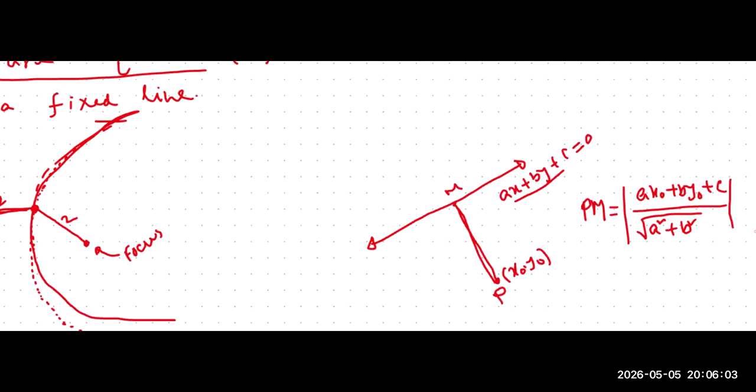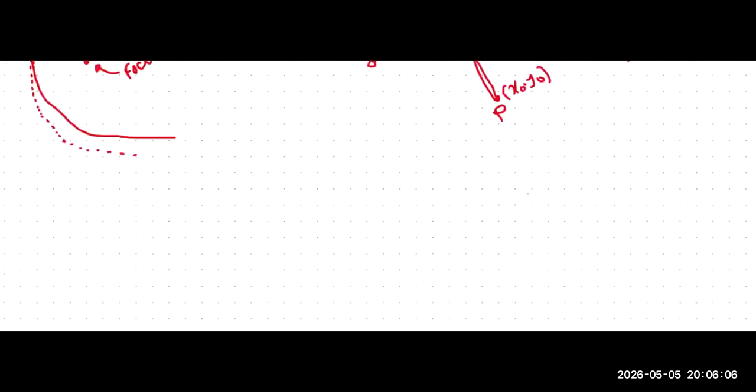So let's say, one example of this formula is we have a line 4x plus 3y plus 9 equal to 0. This is an equation of a straight line, and we want to calculate perpendicular distance from point P, which is let's say 5, 6, to this straight line.